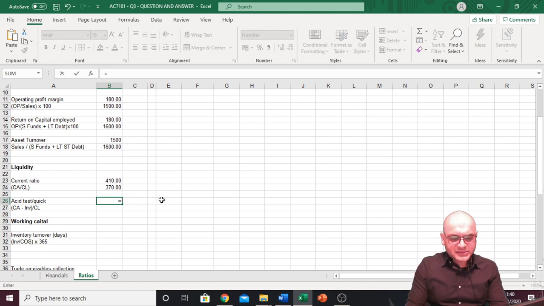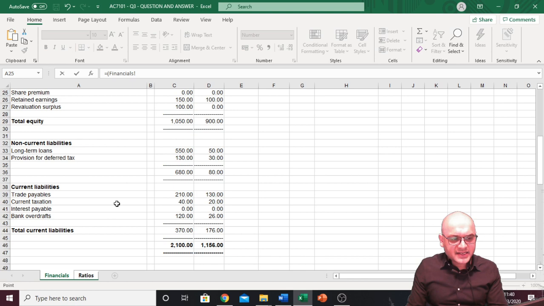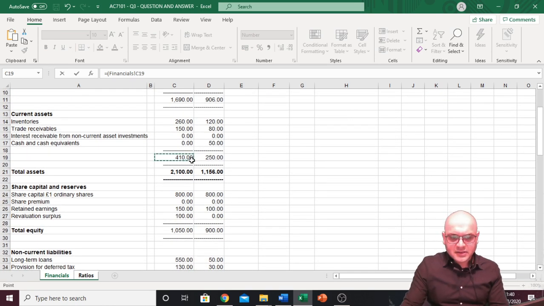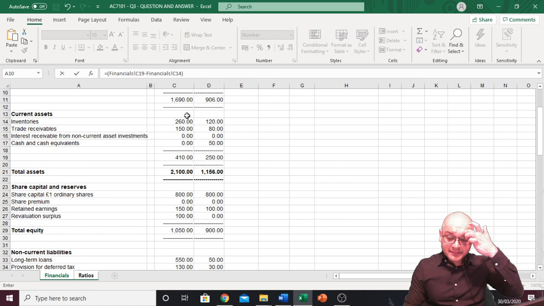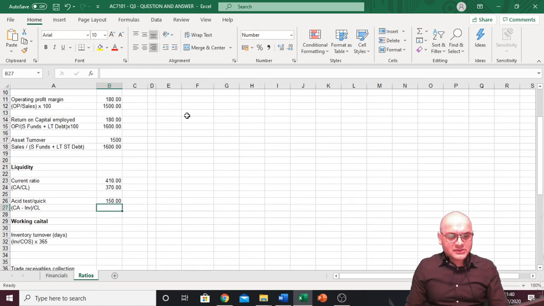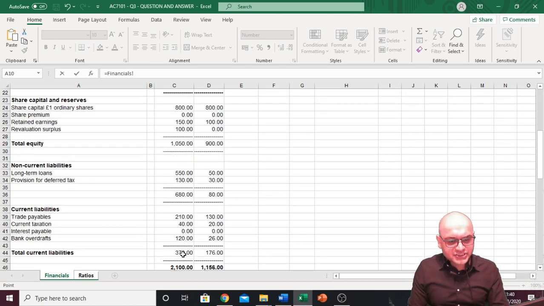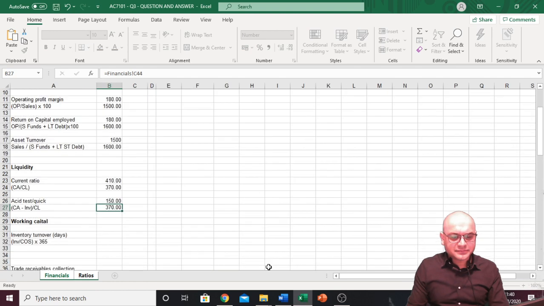So equal to sign, open brackets. First we are talking about numerator, the denominator is current liabilities, that doesn't change. So current assets minus inventory. Okay, so that's that. And current liabilities, we have recorded it just now, current liabilities.